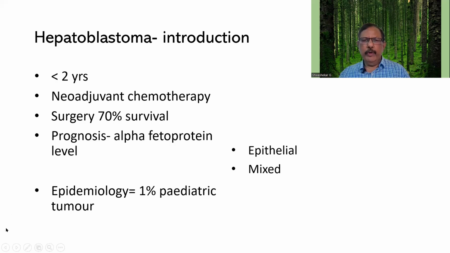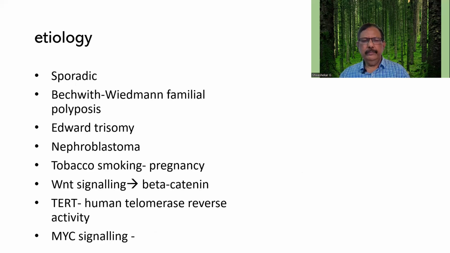It forms about 1% of all pediatric tumors. There are two components of it, the epithelial and the mesenchymal. Sometimes it can be mixed. Etiology: it is sporadic, but it can be associated with familial polyposis and Beckwith-Wiedemann.